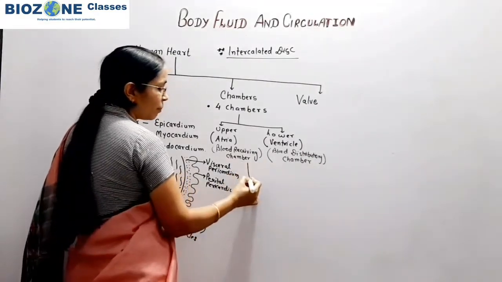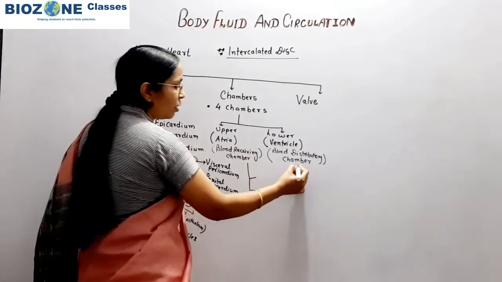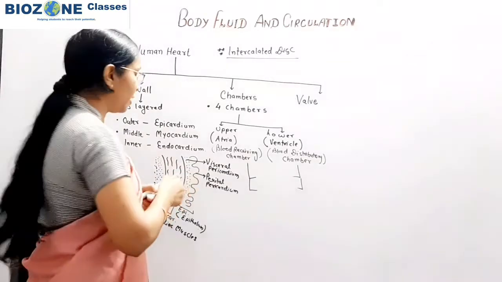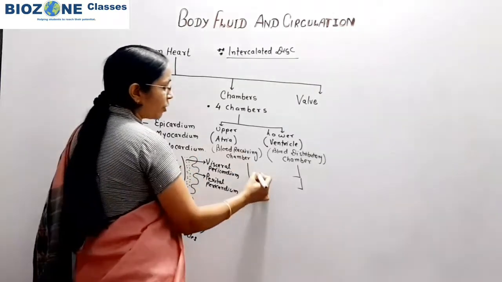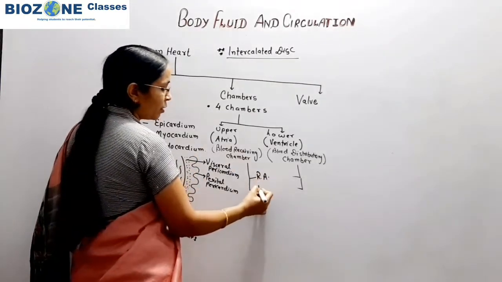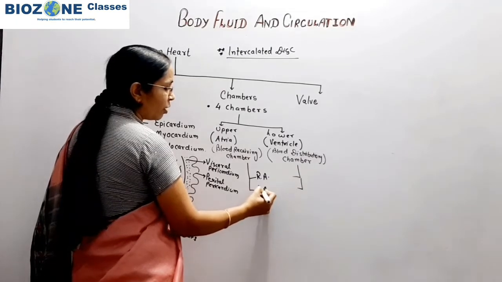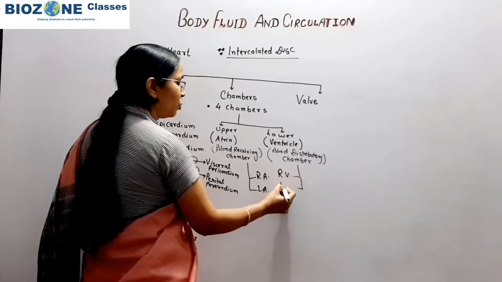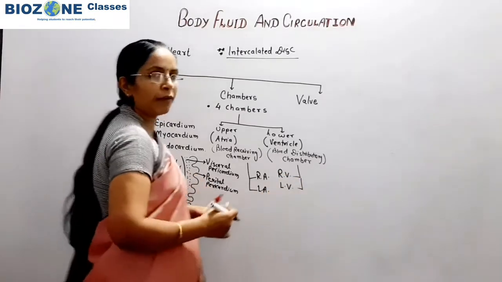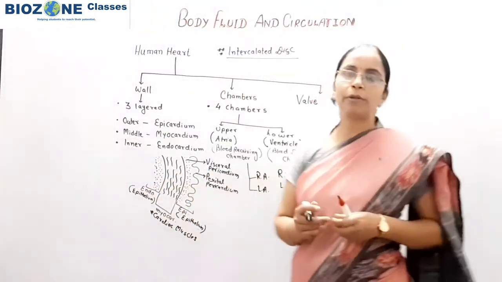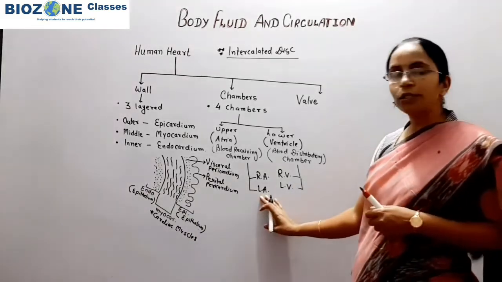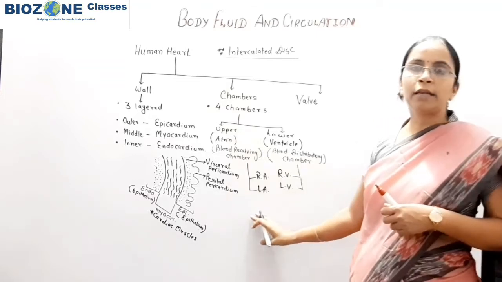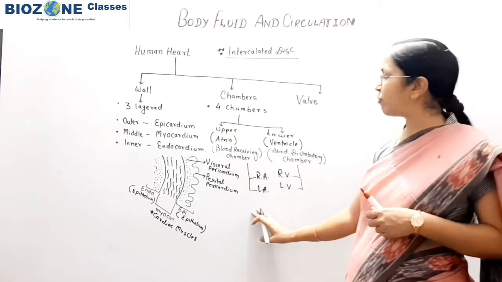Again the auricle as well as ventricle, by longitudinal septum they are divided into right auricle and left auricle. Similarly, the ventricles are also divided into right ventricle and left ventricle. So this part you remember, there are 4 chambers in the human heart, and we study how they are present in the human heart with the help of diagrams.